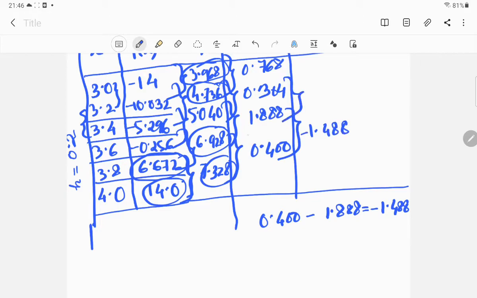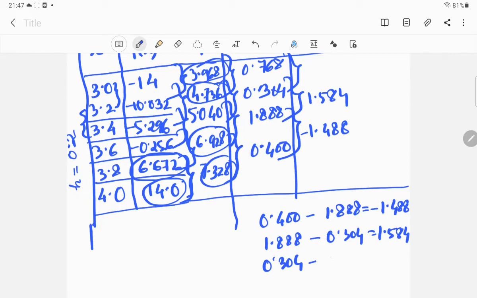Next, the gap between these two: 1.888 minus 0.304 is 1.584. Next, the difference between these two: 0.304 minus 0.768.